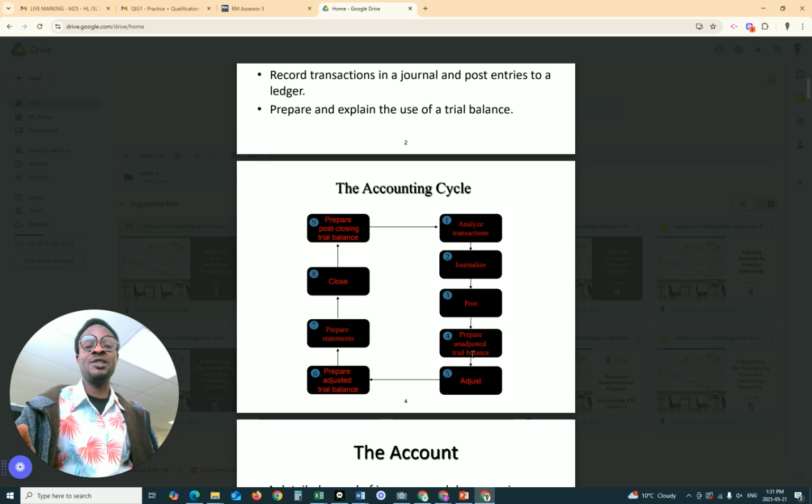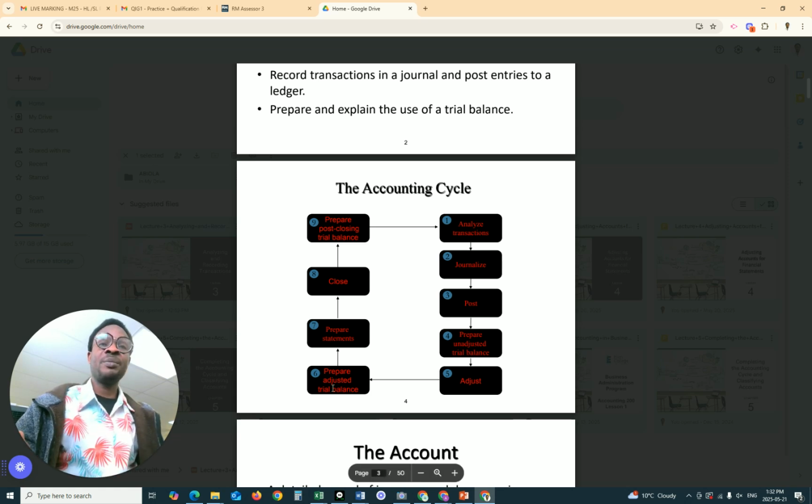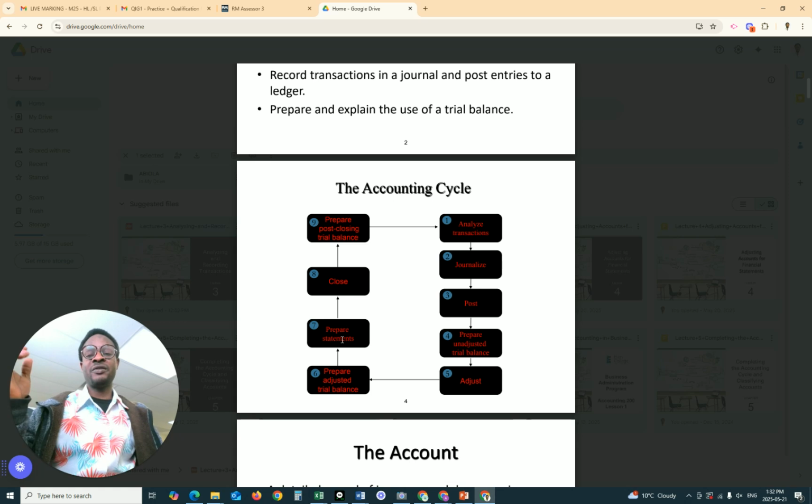For instance, the balance sheet may have some things that will make it not show the true and fair reflection of the business's financial position. So you must adjust the trial balance, then prepare the adjusted trial balance so that you can prepare the final accounts. Then you close the accounts, then you prepare the post-closing trial balance. This is the accounting cycle.